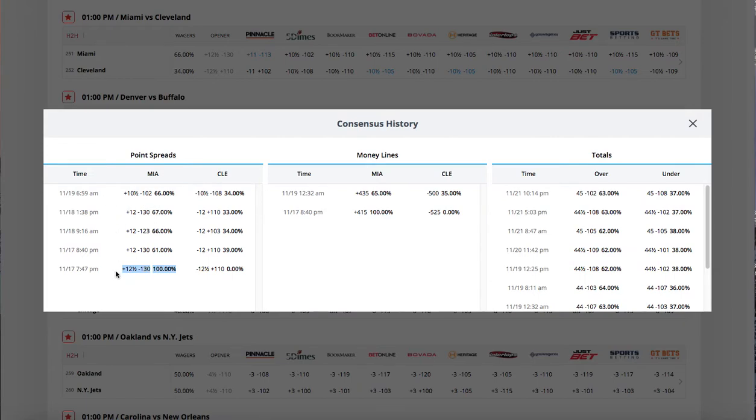Most of the time when a line opens up, you want to play favorites early and dogs late. But in this situation, because the line was so favorable for Miami, if you're going to play Miami, the time to play it would have been early.